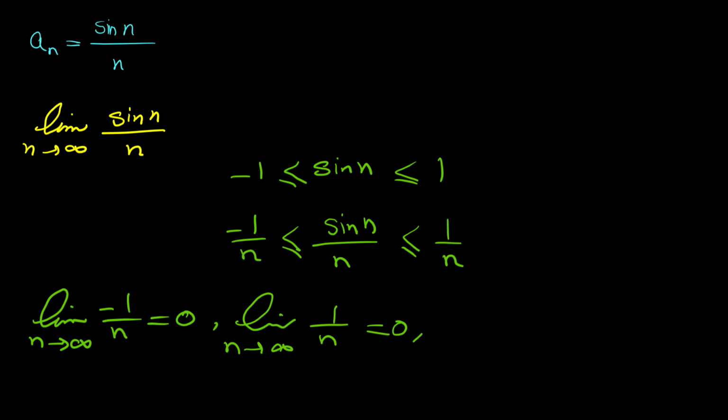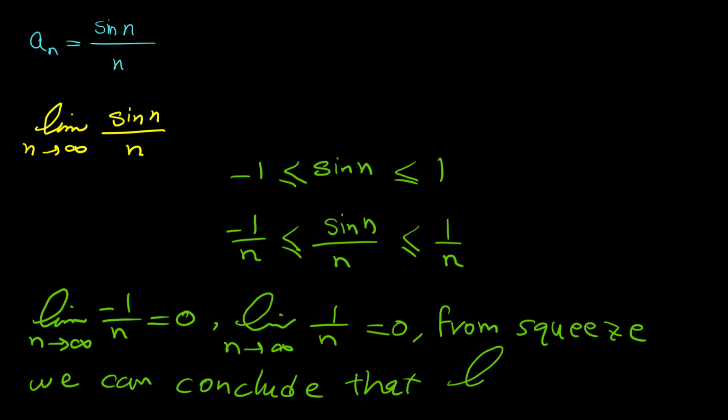So now we say from the squeeze theorem, we can conclude that the limit of sine n over n when n approaches infinity is 0. So this sequence approaches 0. Please pay attention.